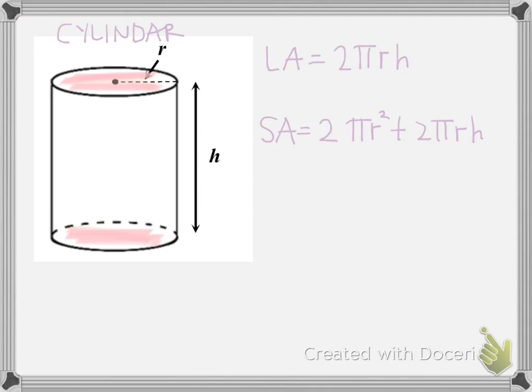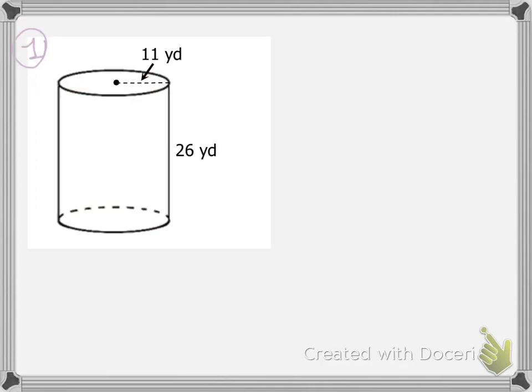Alright, let's do an example here. Okay, so if I wanted to find the surface area of this cylinder, I'm going to have 2 times pi times your radius, which is 11 squared, plus 2 times pi times your radius times your height.